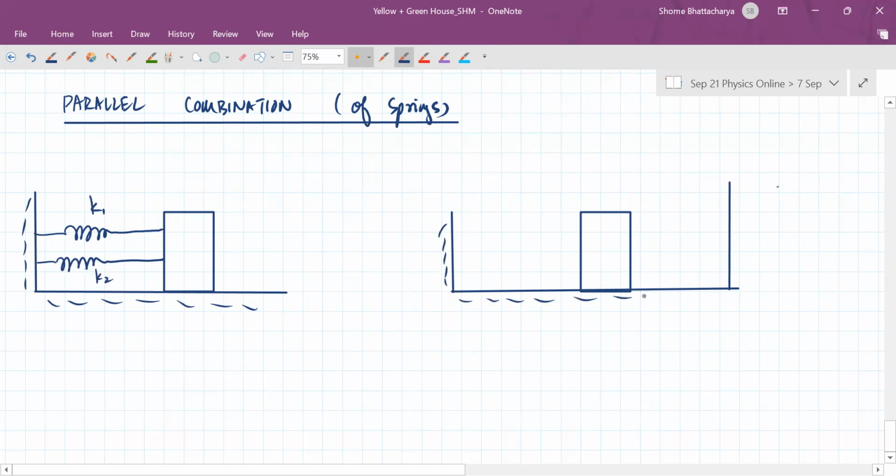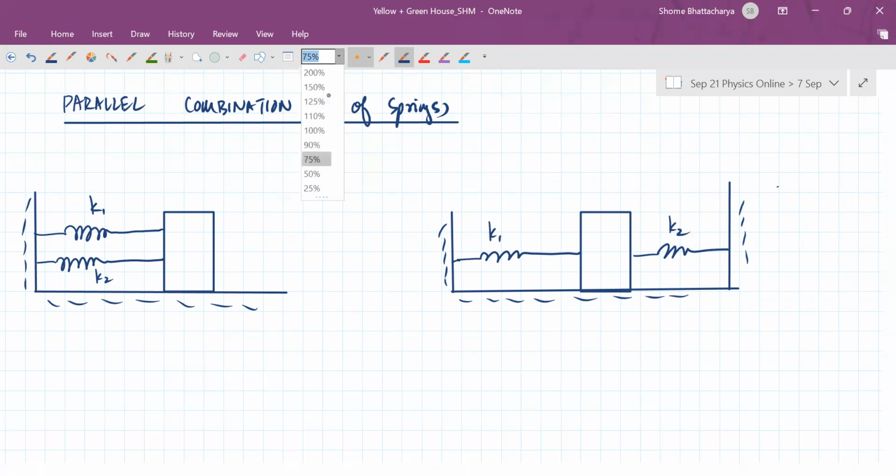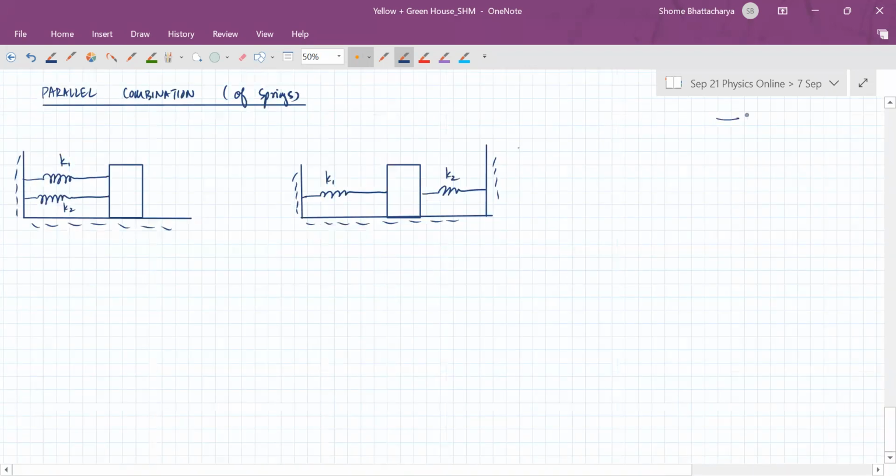Another combination would be that there are two walls on either side and two springs are connected on either side. One should not confuse this second case with the series combination, because the series combination is very different. In the series combination, the springs are attached end to end, and then the block is attached on one side. So you can see it's quite different from this one.